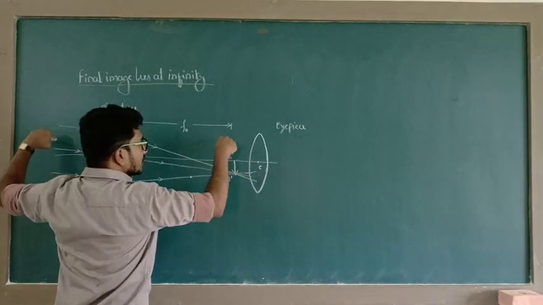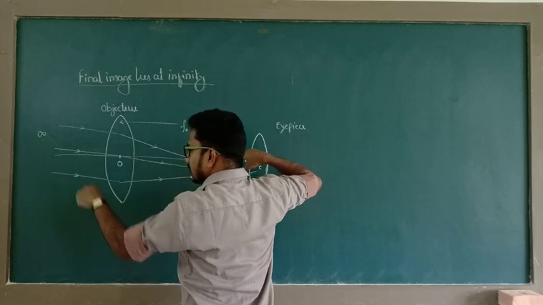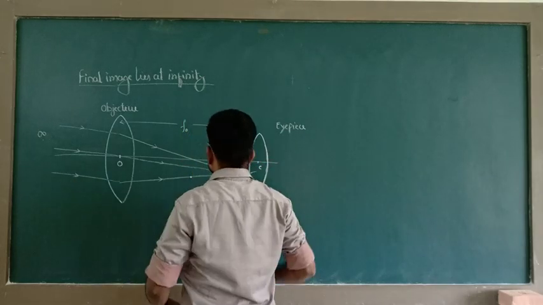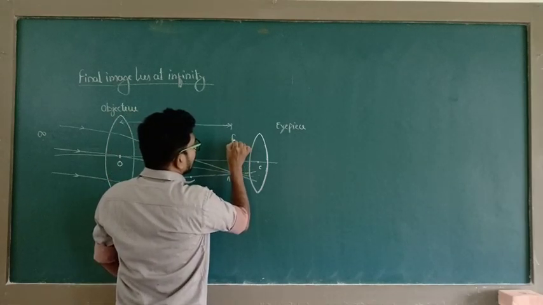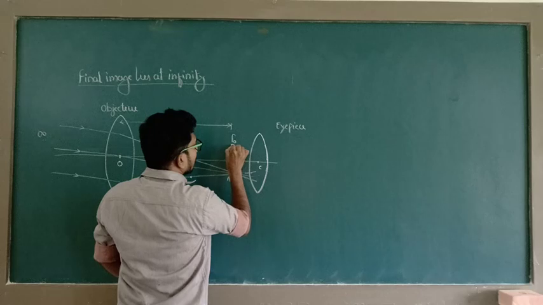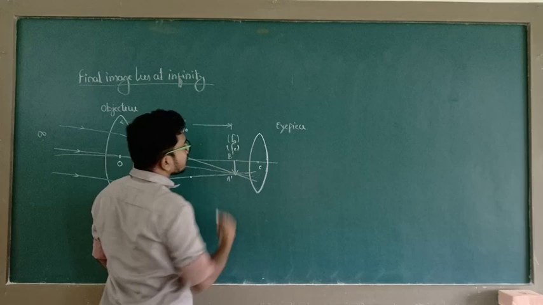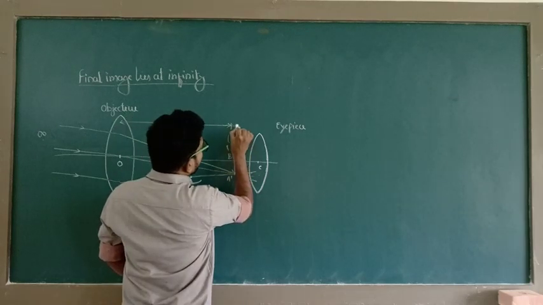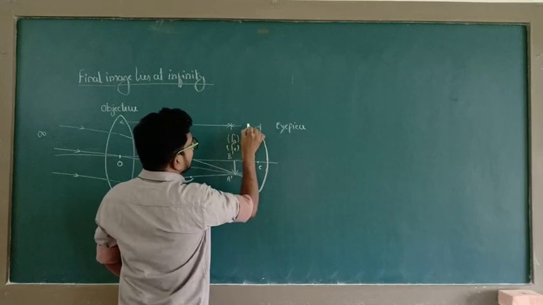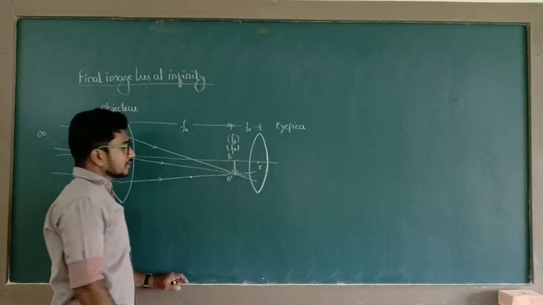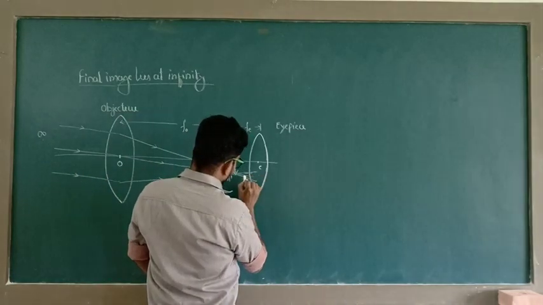With respect to the eyepiece, the object is at the principal focus, and the image is at infinite distance. Therefore this point represents both the focal length of the objective and the focal length of the eyepiece. Therefore this distance is equal to the focal length of the eyepiece. So here we will get a parallel light beam.